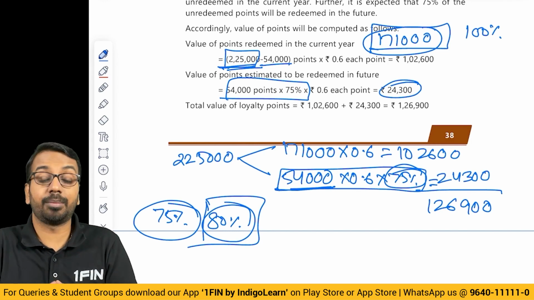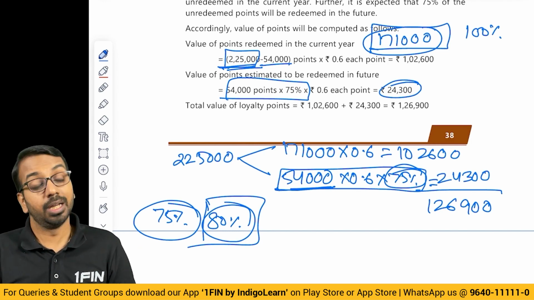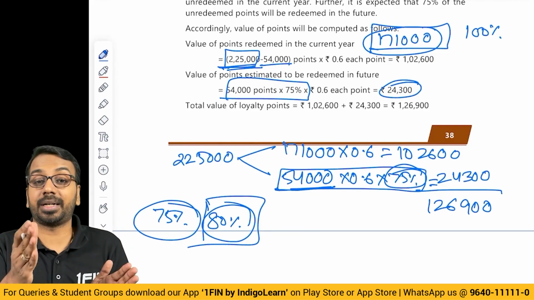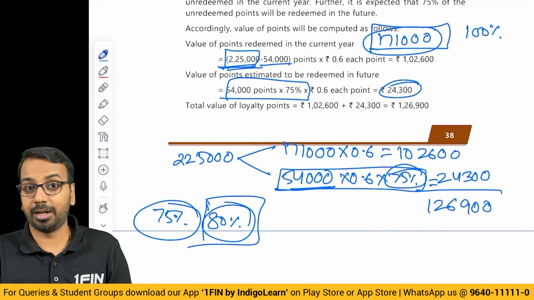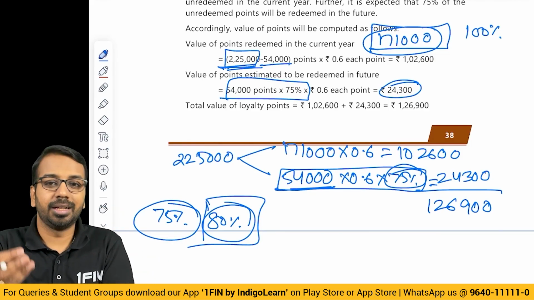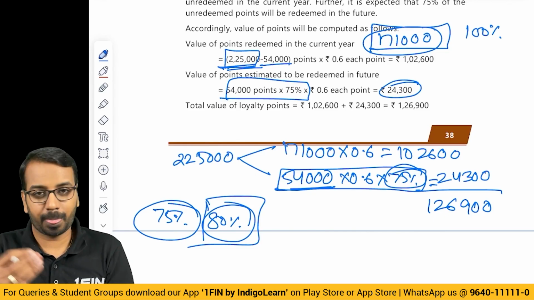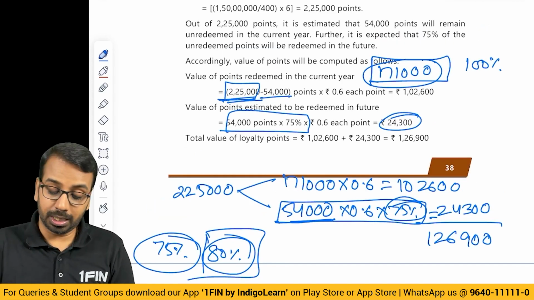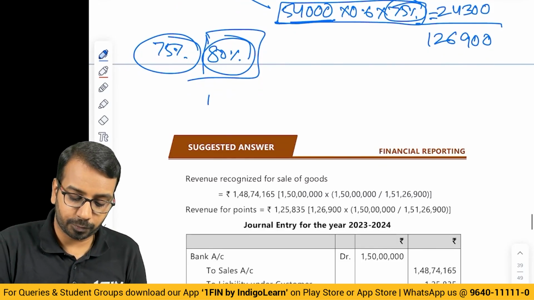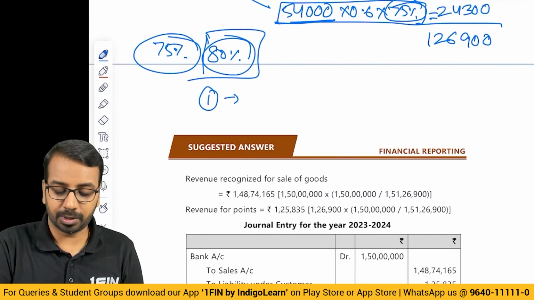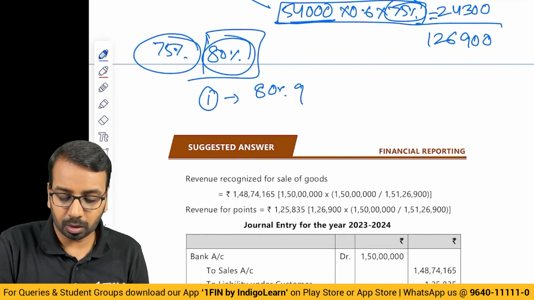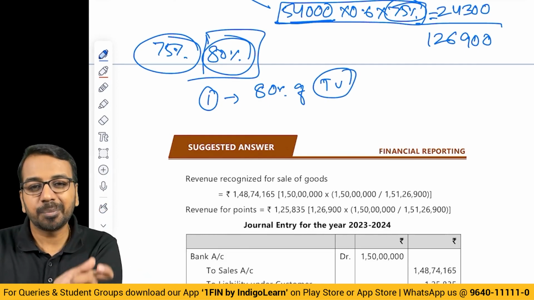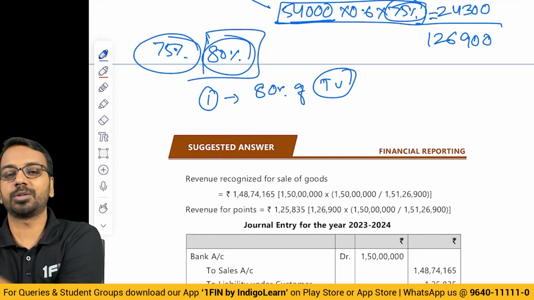So that is where sometimes the language can be very much confusing. Even in the previous case, they said 80% is expected, 80% is for the full value. But out of that already some amount has come for redemption, that is 82 lakhs, and 82 lakhs was actual redemption. So all in all, we have multiple scenarios. First assumption in the study material question is 80% of total value, because the question had that wording which said 80% of total value or total points will be redeemed.